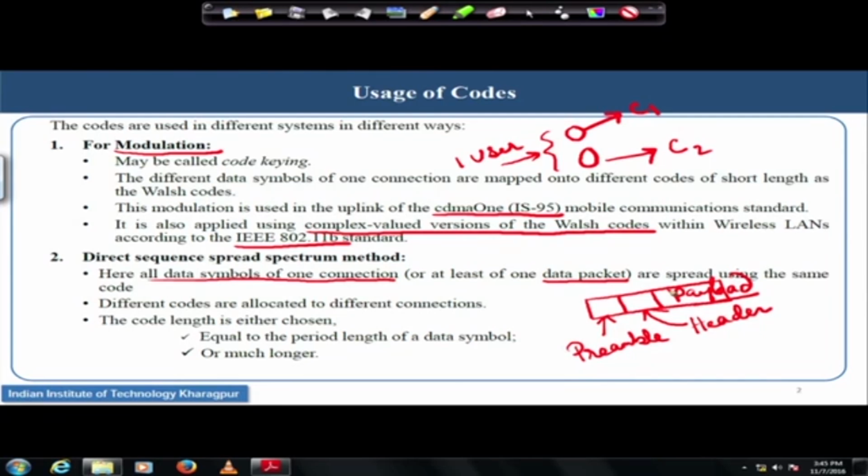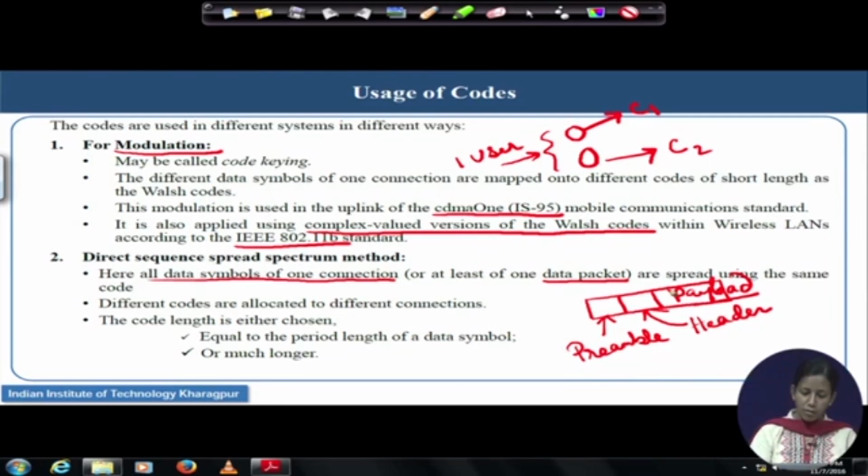Different codes may be allocated, and for spread spectrum communication you may utilize a different code for different packets, that is true. But usually when it is utilized for segregating the users, we utilize one dedicated code for one user, and for different users we provide different codes to separate them out.